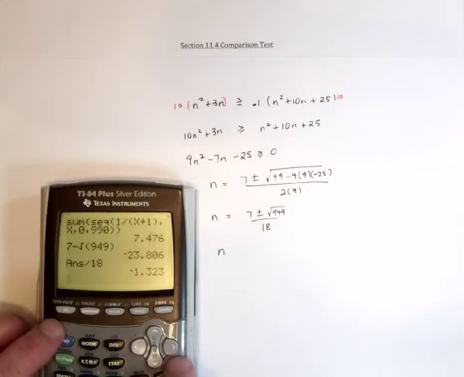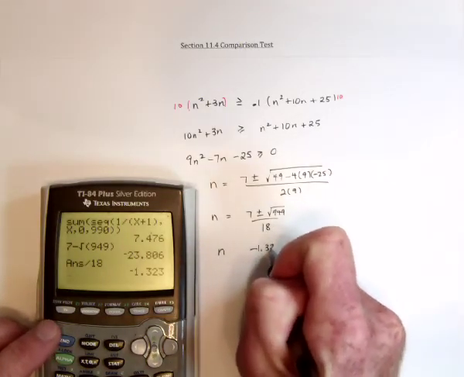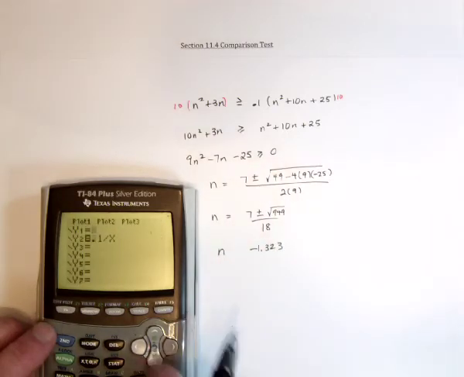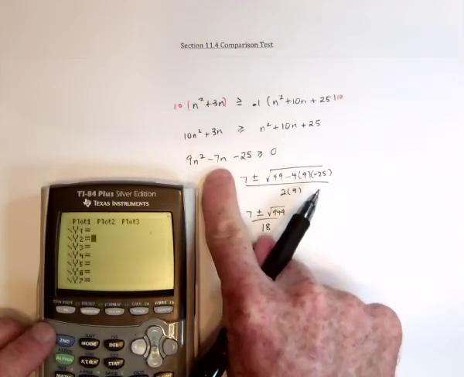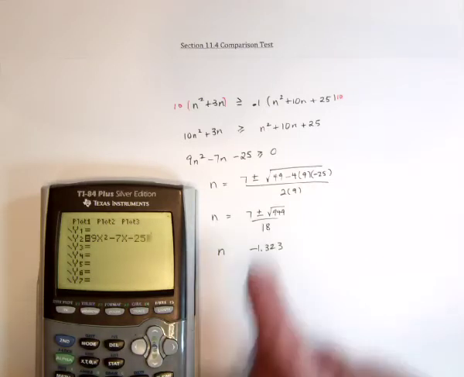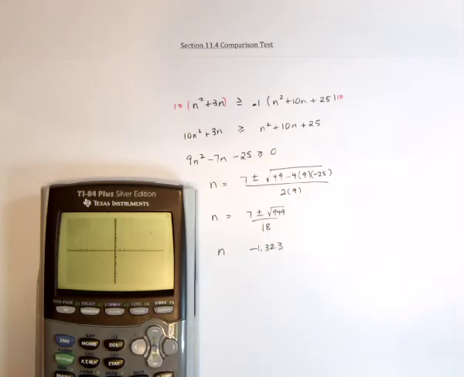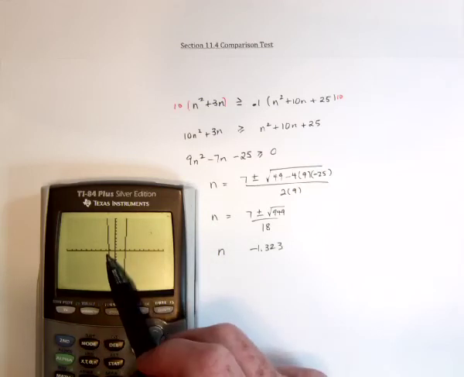oh, another thing I could do is graph this, and I could have done this instead of the quadratic formula, but you could say 9x squared minus 7x minus 25, is that bigger than or equal to 0 ever? So take a look at the graph, and that is a parabola. Is it ever bigger than or equal to 0? The answer is yes. The negative 1.3, that's this one over here.